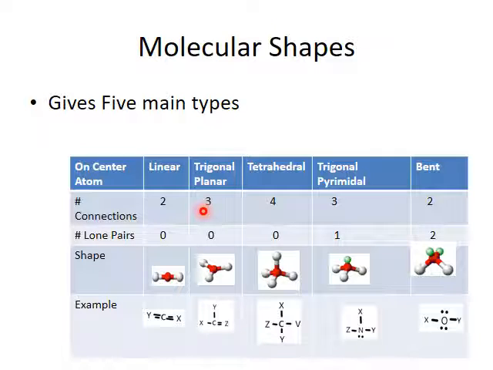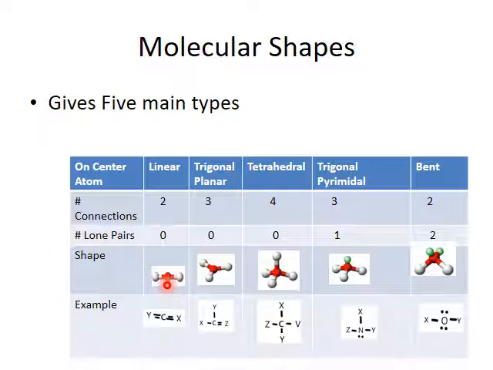Okay, so what we want to do is go over the basic shapes that molecules have, and how we can determine the shapes and how we can visualize them. All right, so we have 5 different shapes here, and every one of these has two main components.